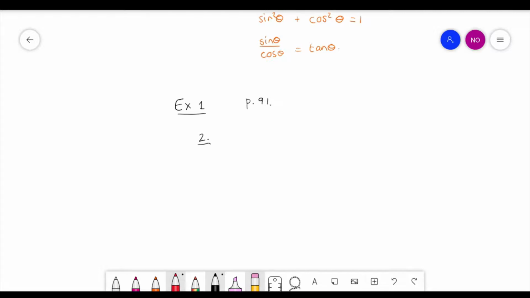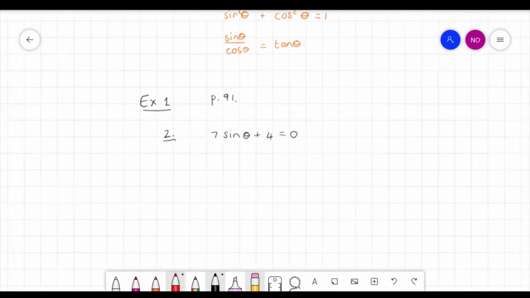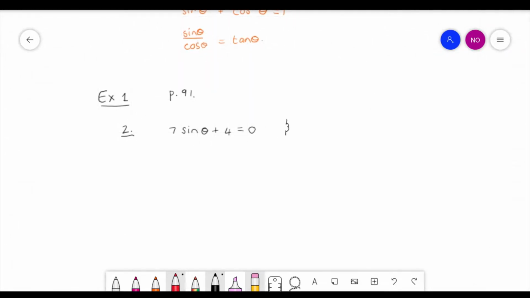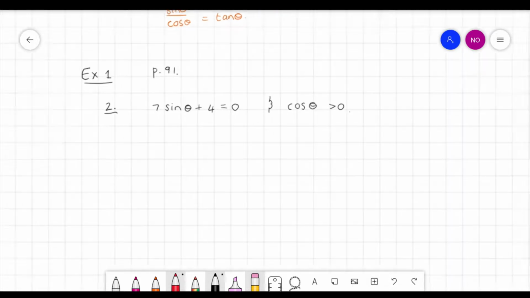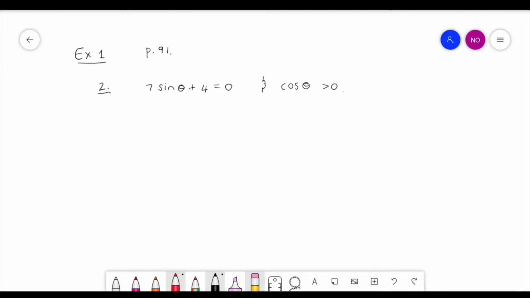And we're going to do number 2. Okay, hulle gee vir jou as 7 sin theta plus 4 gelyk is aan 0 en cos van theta is groter as 0, bepaal die waarde van die volgende sonder die gebruik van 'n sakrekenaar.